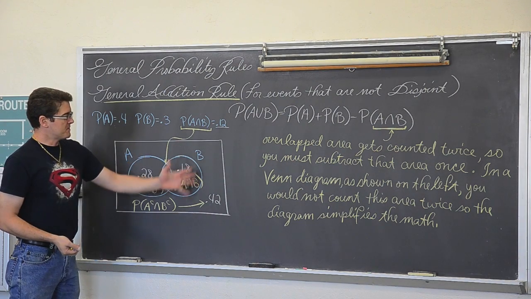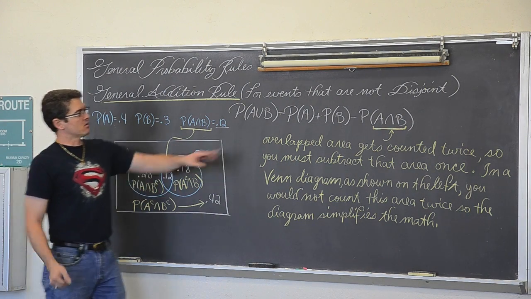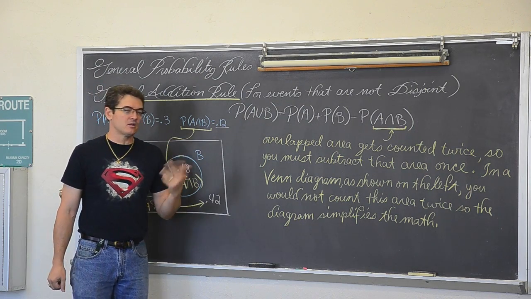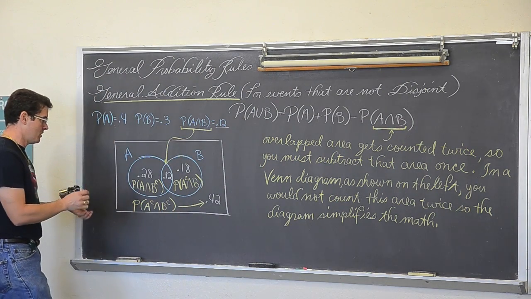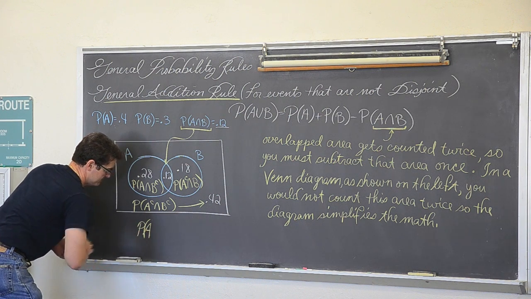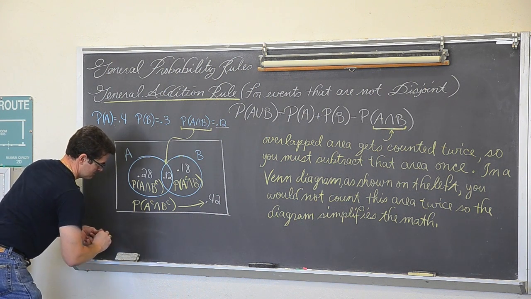So from setting up this Venn diagram, I can answer a lot more questions than just what's the probability of A or B. And by the way, I didn't even answer that question yet. So what is the probability of A or B?